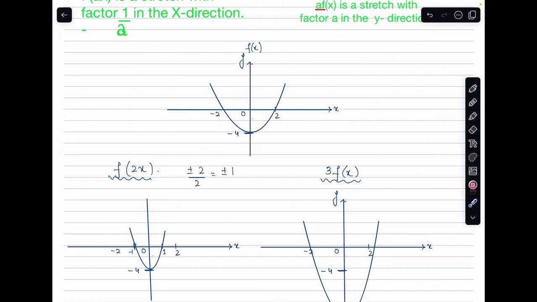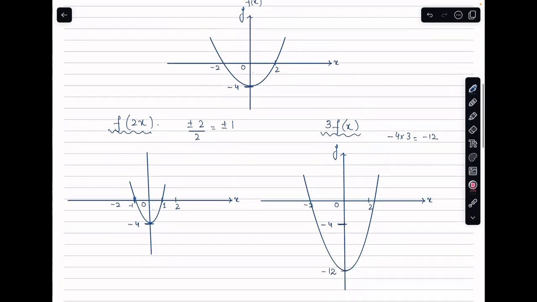So this -4, I should simply multiply by 3. The graph is going to get stretched along the y-axis only. Therefore, the y coordinate -4 gets multiplied by 3, which is the stretch factor, giving me -12 here.